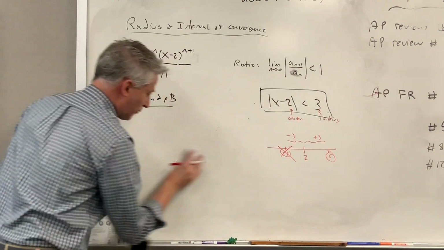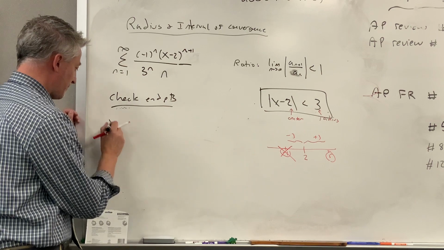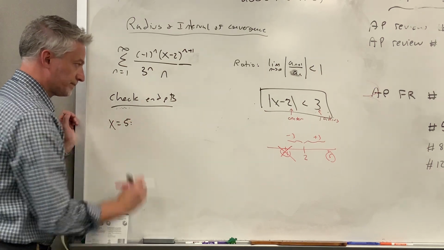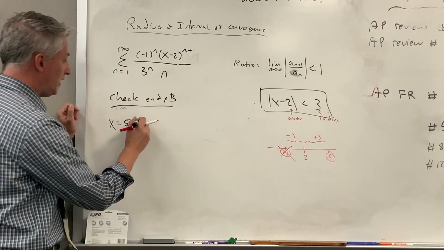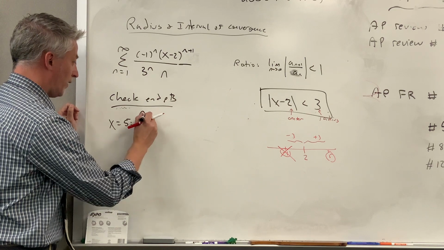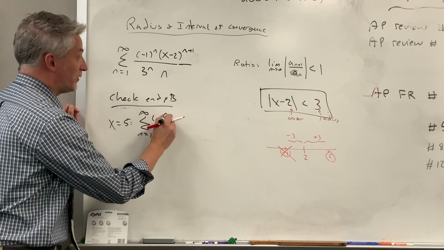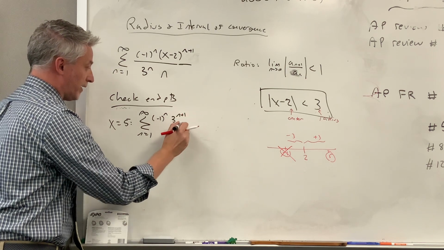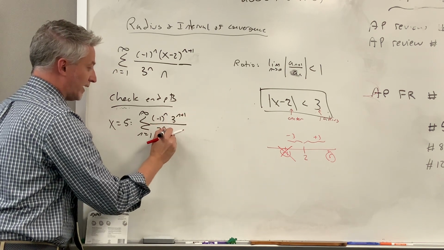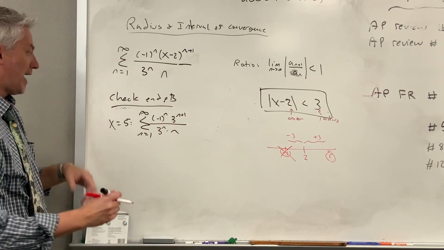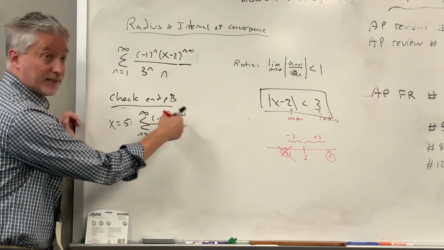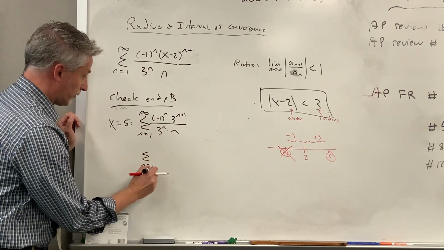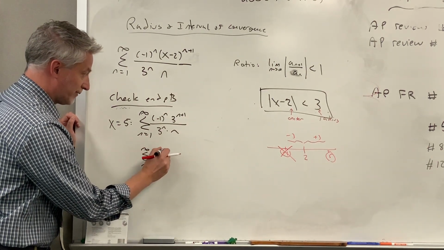So the next endpoint we're going to check is x equals 5. Plug it into the OG, n equals 1 to infinity, -1 to the n. 5 minus 2 is 3, so I get 3 to the n plus 1 over 3 to the n times n. And let's see what happens here. I'm going to clean this up a little bit. n equals 1 to infinity, -1 to the n.